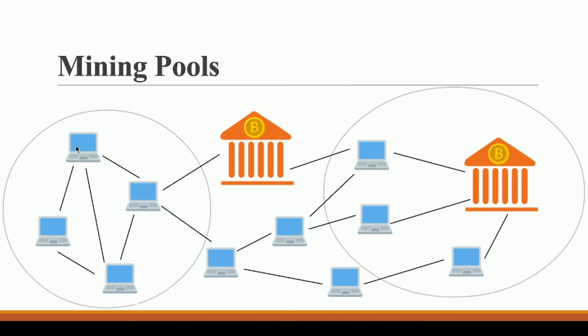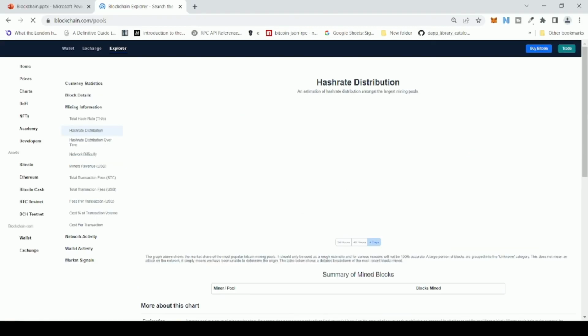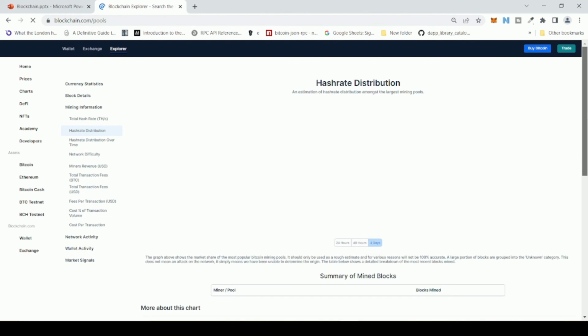So 25 meters will be given to him, 25 to him, 25 to him, and 25 to him, so that they can work equally on these problems. So there is no repetition of work here, right? This work will be divided equally among all these four people, and they will start solving the mathematical problem in this way. And let me show you the different hash rates that we have currently.